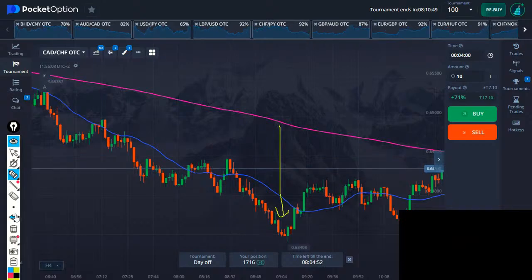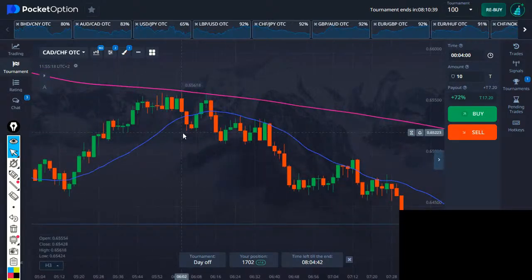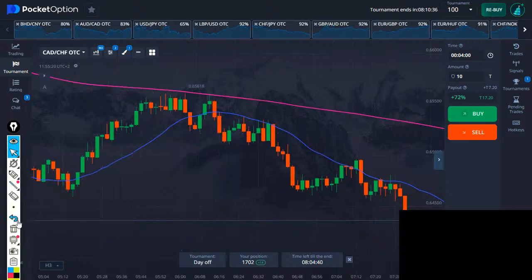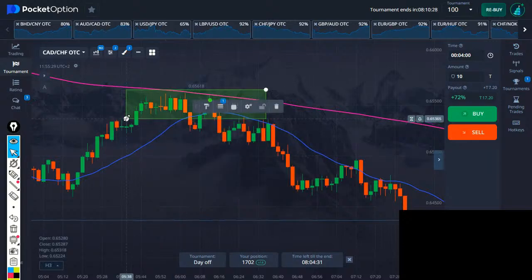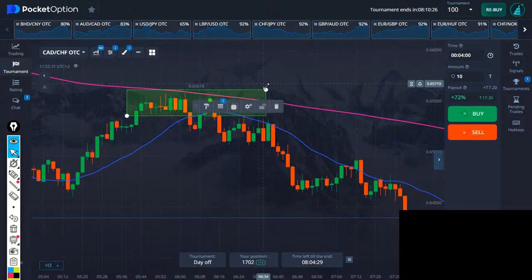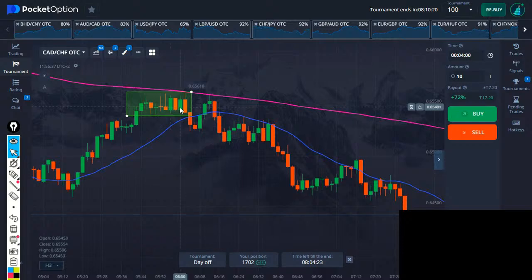So what we do is this: we look for narrow states in the market. Like in this case, let me show you. You select the rectangle from the tools and you mark the swing high and swing low of the past 10 candles, 10 to 15 candles, no problem. 1, 2, 3, 4, 5, 6, 7, 8, 9, 10.